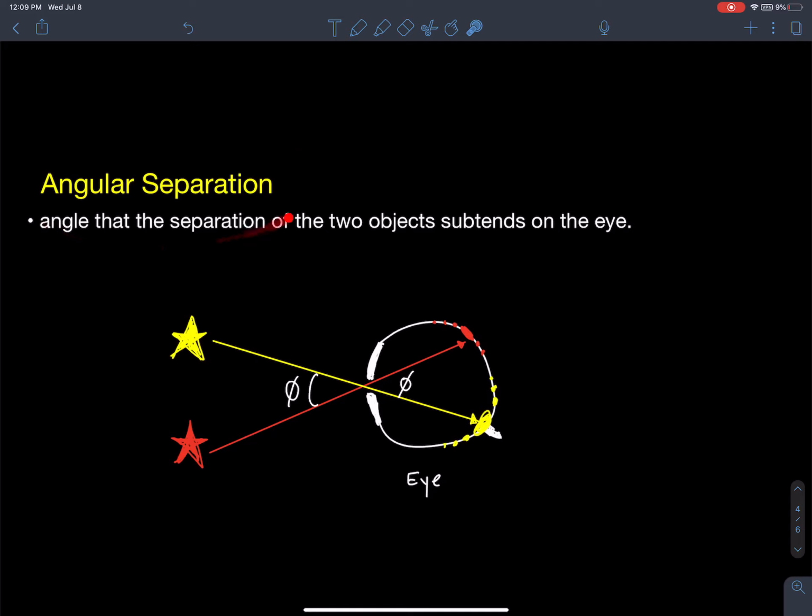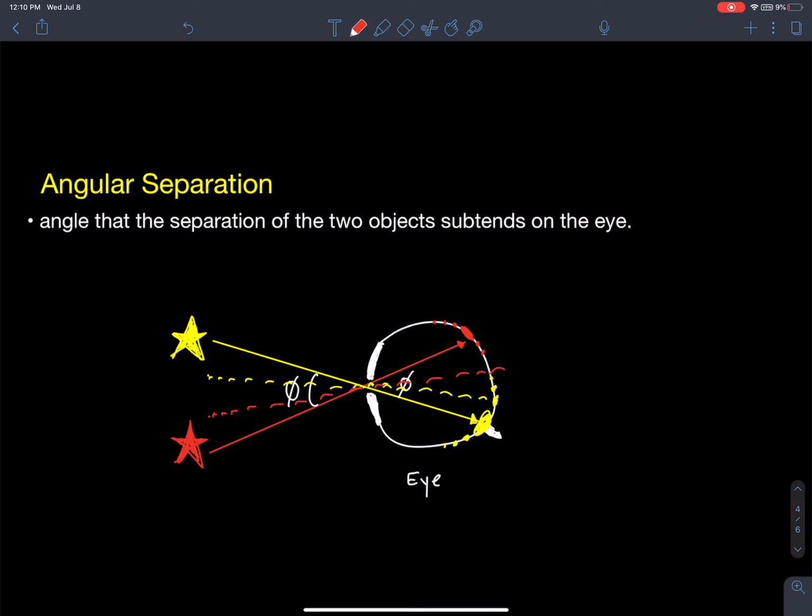So Rayleigh tried to make a relationship between that angle of separation, that angular separation, and understand what is the minimum angular separation that I can have in order for these to be resolved. You can imagine as that angle becomes smaller, so if I would draw lines that are smaller, imagine that these two stars got closer together.